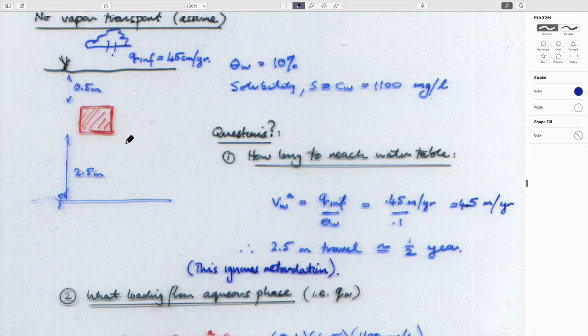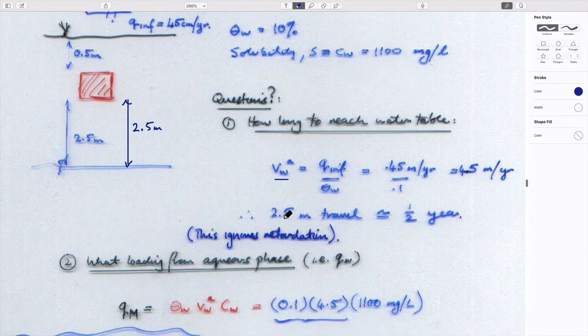So the water table is 2.5 meters below the base of this. So if we know the advective velocity for the plume to go down there, the solubility, so the maximum concentration, can be the solubility. And if the volumetric gas content is 10%, and I think in this particular case the total porosity is 35%.